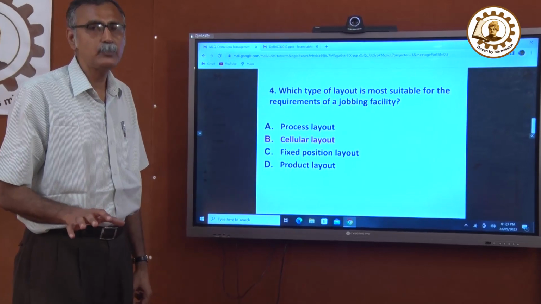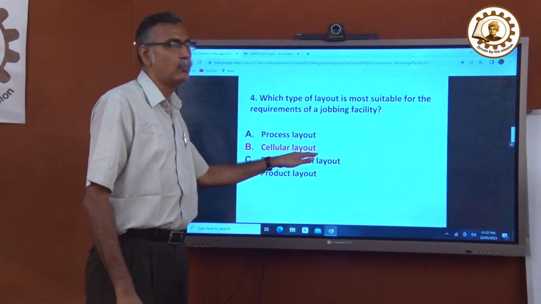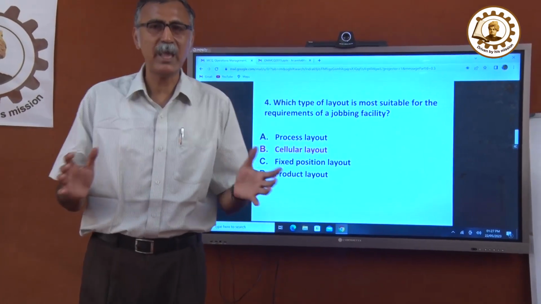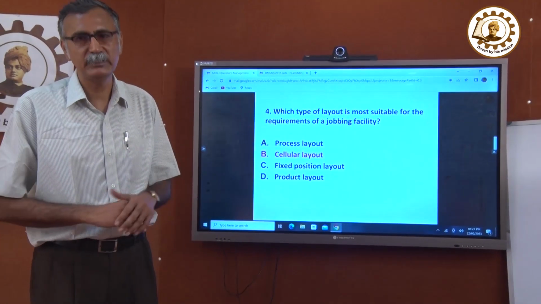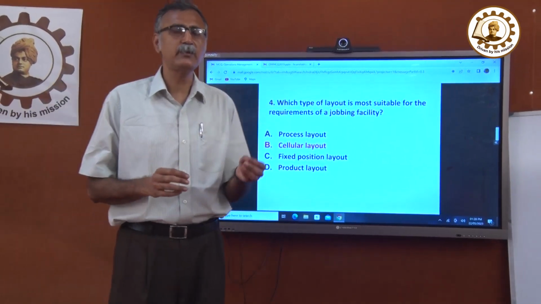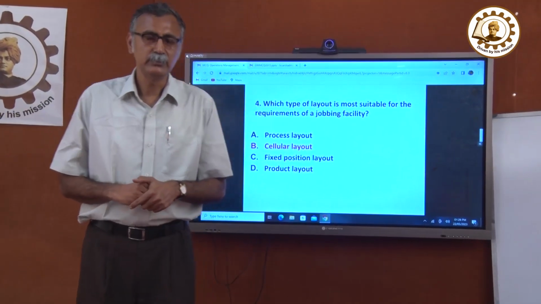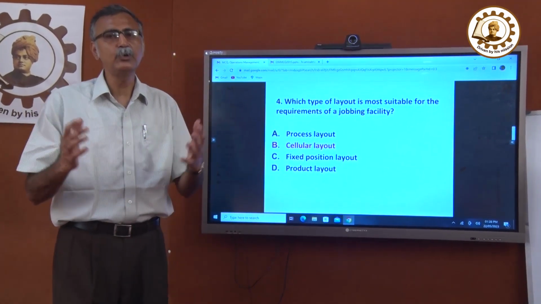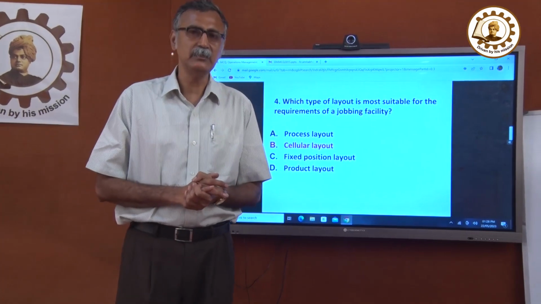Now we have to come to the cellular layout. In a factory, in a plant, there are different kinds of machines. In a plant layout, you have to decide which machines will be erected where, according to your purpose of production.